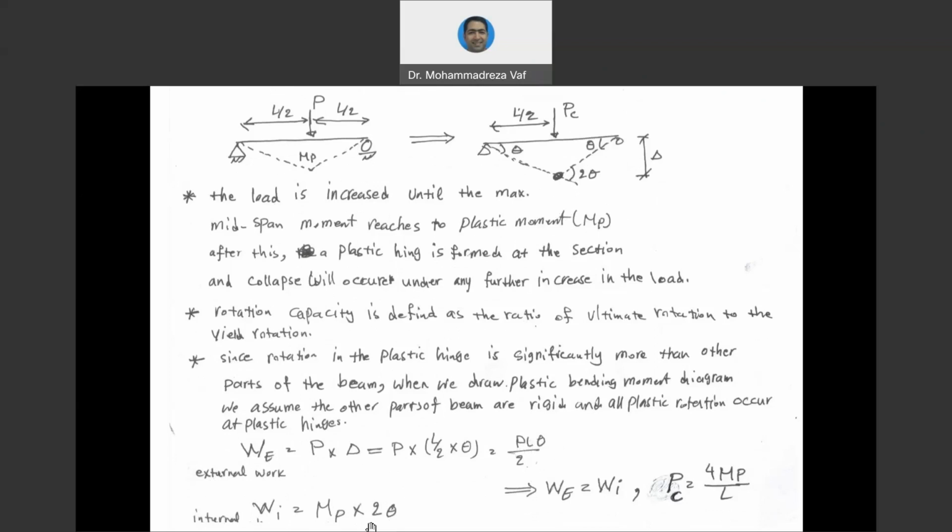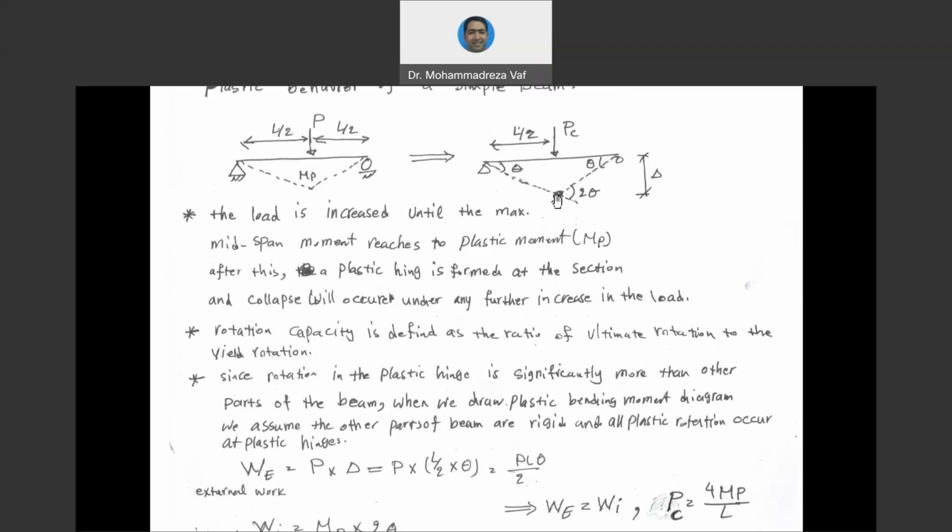And then if you equate these two to each other, from there you can see that this P, which is the P critical, equals 4MP divided by L. So the critical load that makes this beam collapse equals 4 multiplied by MP, the plastic moment of the beam, divided by its L.